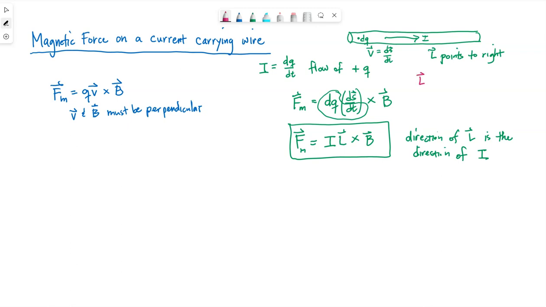The magnitude of L is the length of the wire in the magnetic field that's created by a bar magnet or by a coil, whatever's creating the field in this region of space.